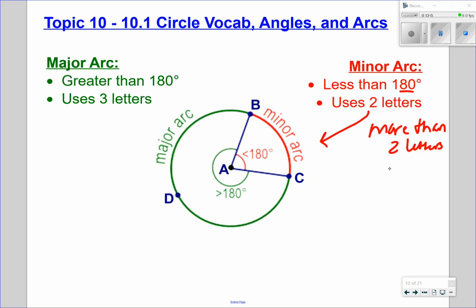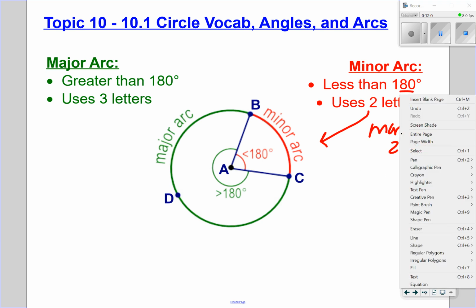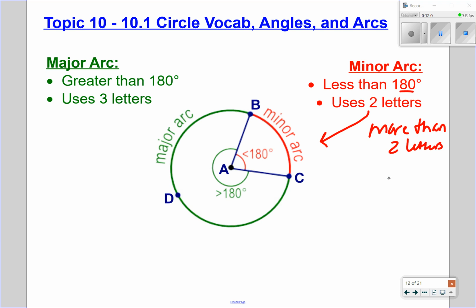You will never top 3, so you could use 2 letters or 3 letters.